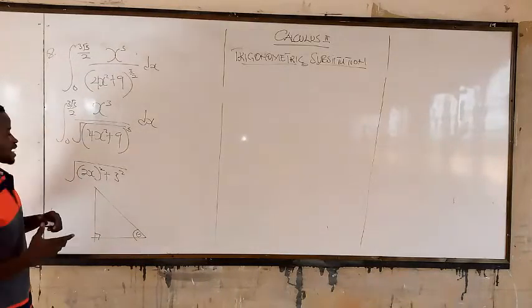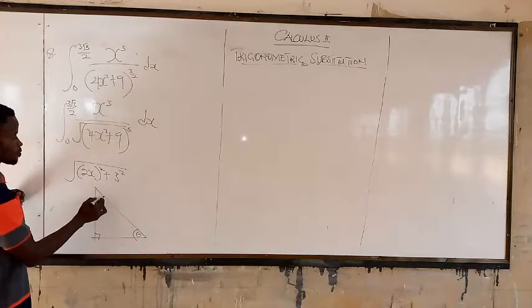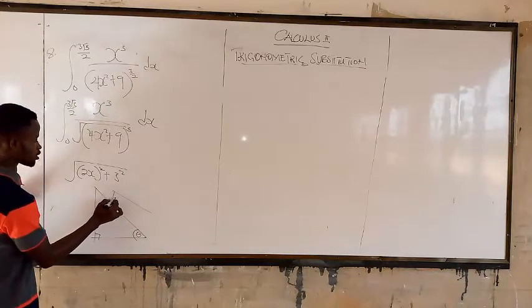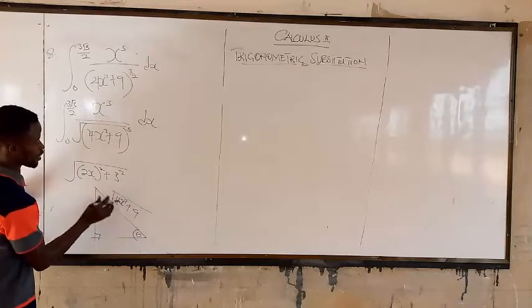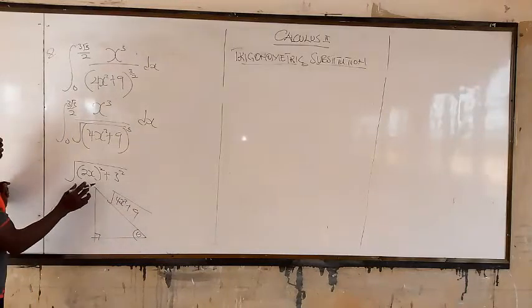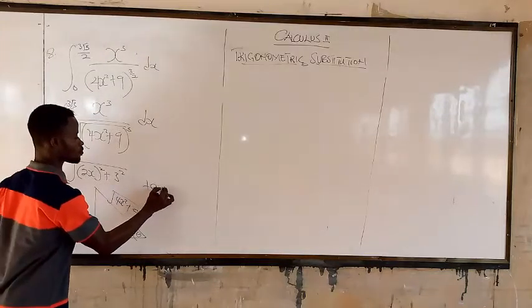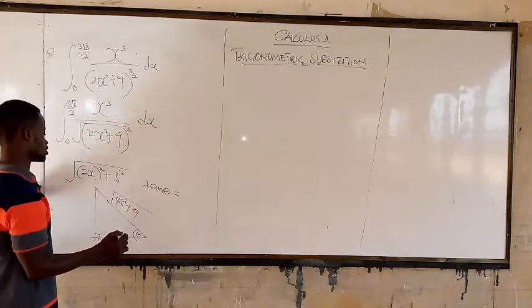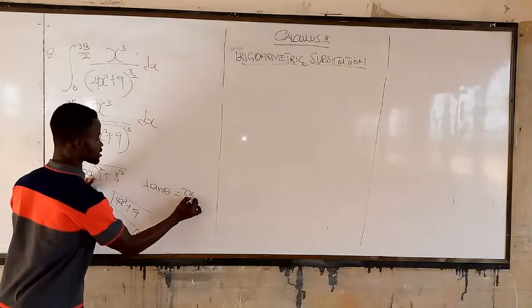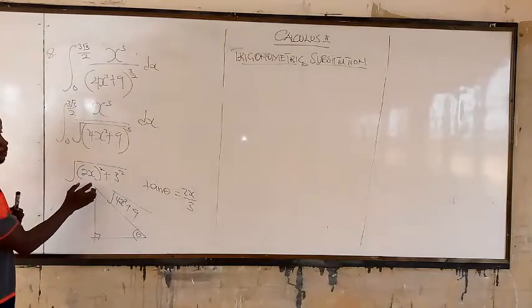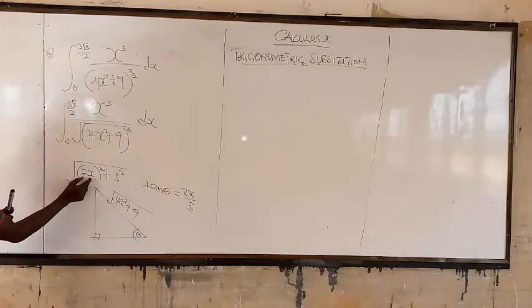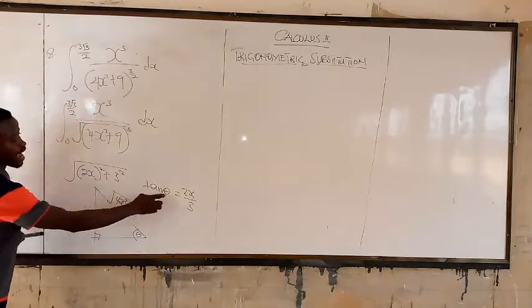So it's going to be tan theta. So here is going to be the hypotenuse. 4x squared plus 9 is the same as this. And tan theta is going to be the variable 2x over what? 3.